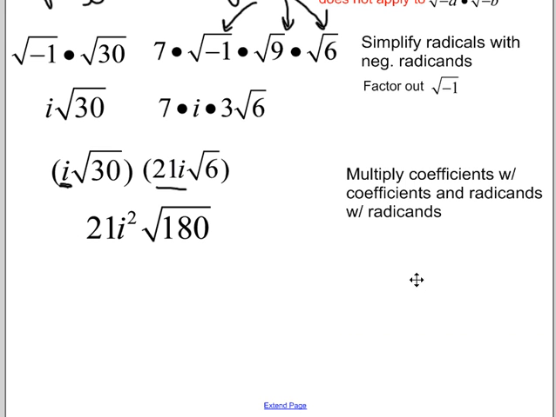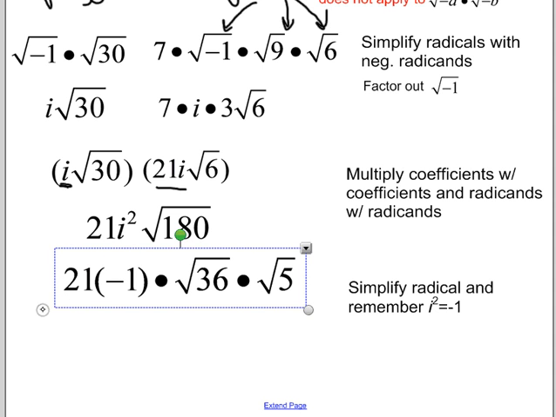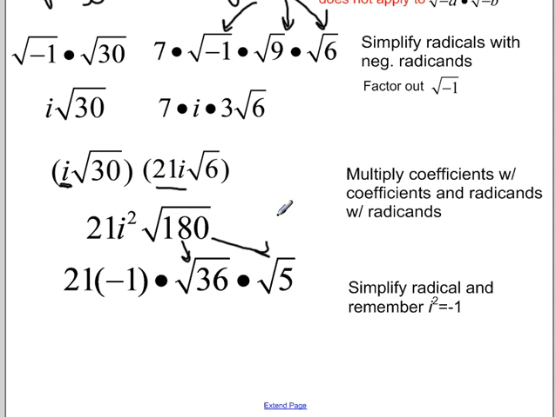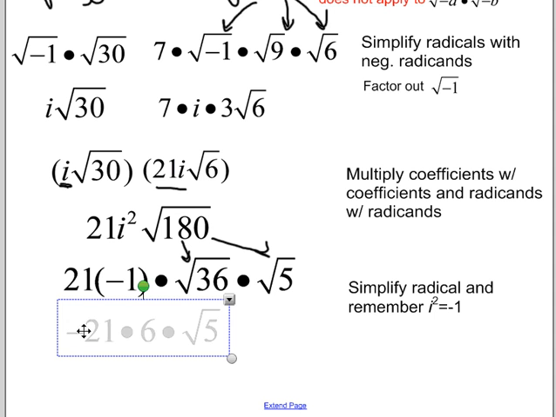Simplify the radical 180. And remember that i squared equals negative 1 from the last video. So we get this. We're going to substitute negative 1 for i squared. Radical 180 simplifies to radical 36 times radical 5. And 21 times negative 1 is negative 21.